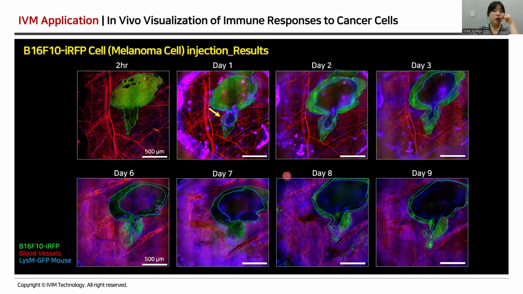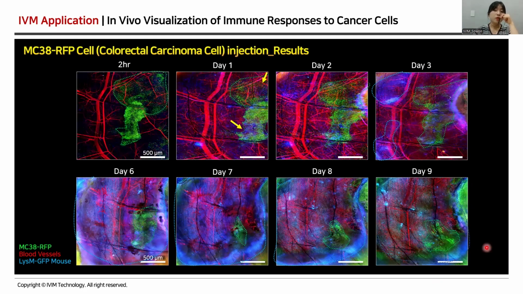On day 1 after injection, we could already observe macrophages infiltrating toward the tumor site, and their coverage expanded progressively over time. In addition, macrophages accumulated around the cancer cells themselves, indicating an active immune response, while we also noticed morphological changes occurring in the surrounding blood vessels.